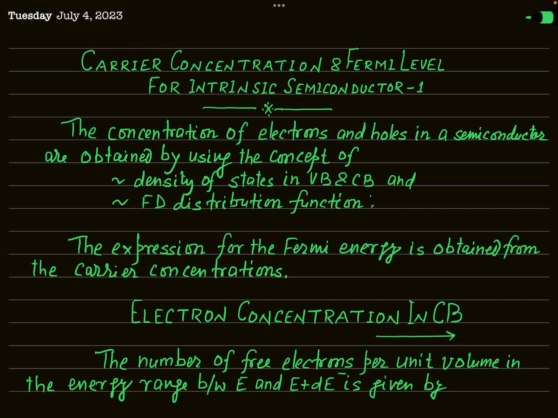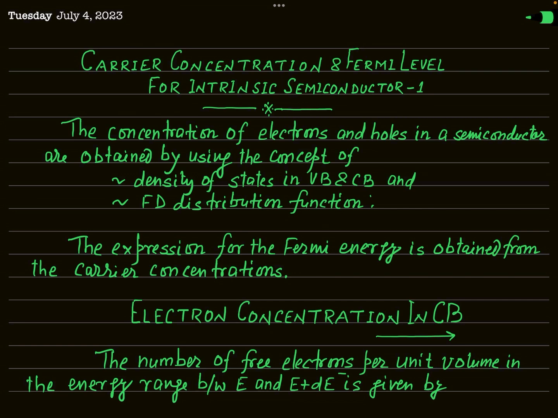Actually, the concentration of electrons and holes in a semiconductor can be obtained from the knowledge of densities of available states in the valence band and the conduction band, as well as the Fermi-Dirac distribution function. And the expression for the Fermi level or Fermi energy is then obtained from these carrier concentrations.